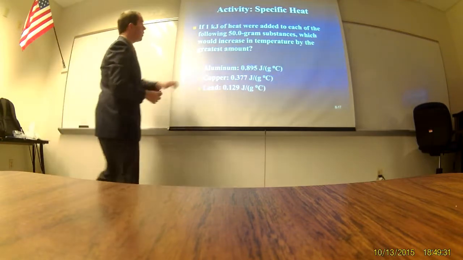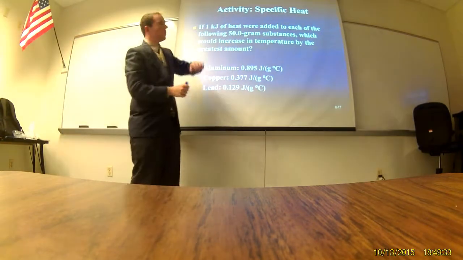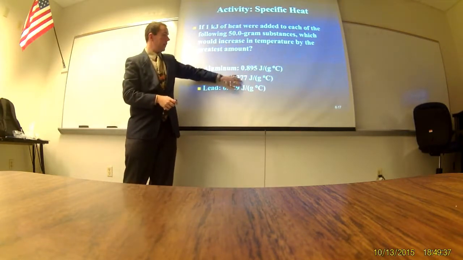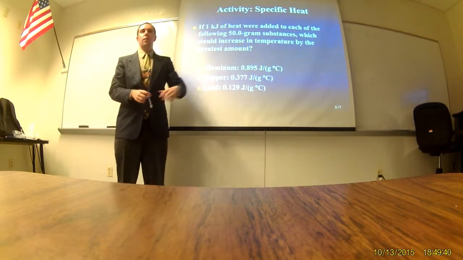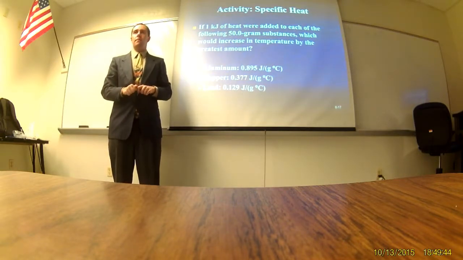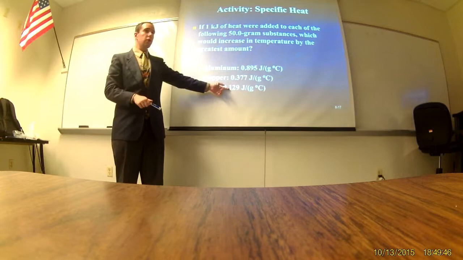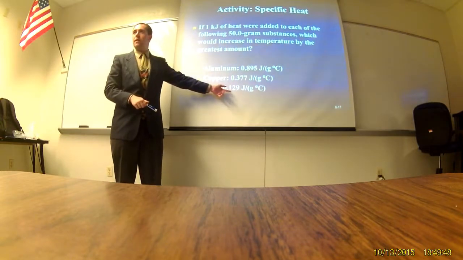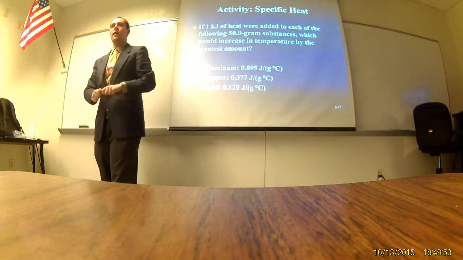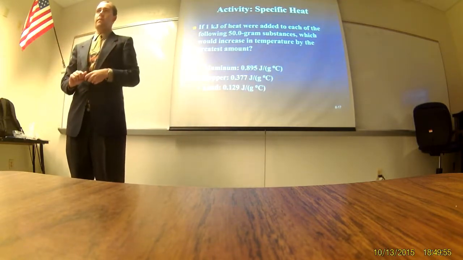If you have 1 kilojoule of heat that you can spend, and these are the prices on the things, which one is going to give you the largest temperature change for your money? Lead, the lowest one.